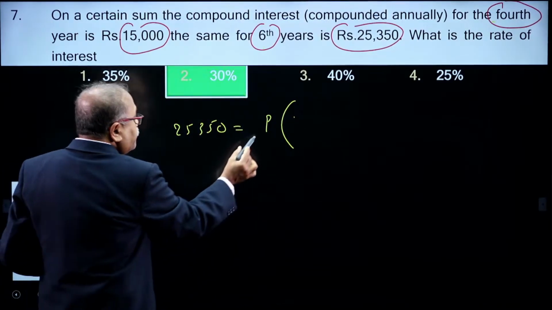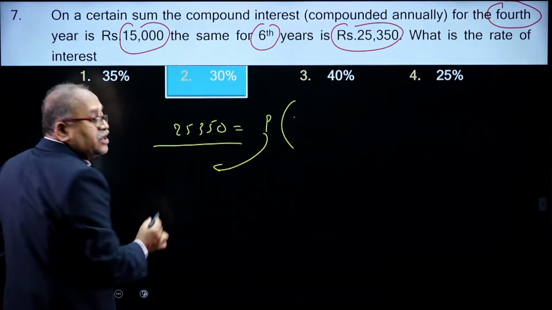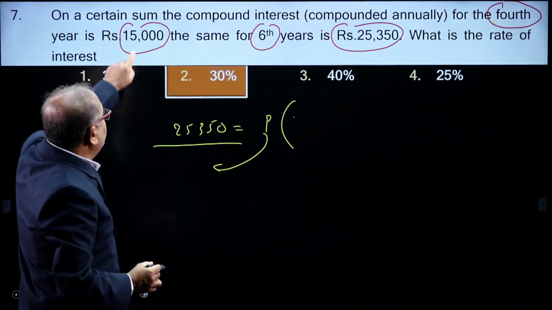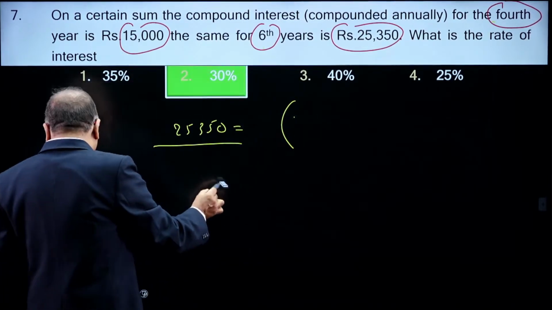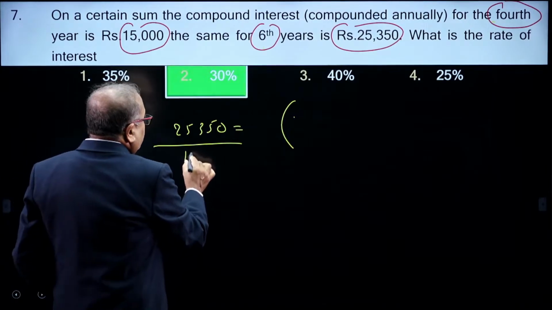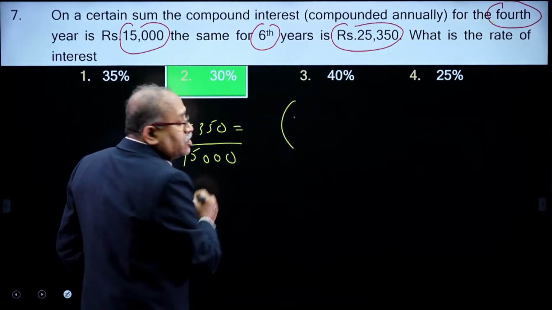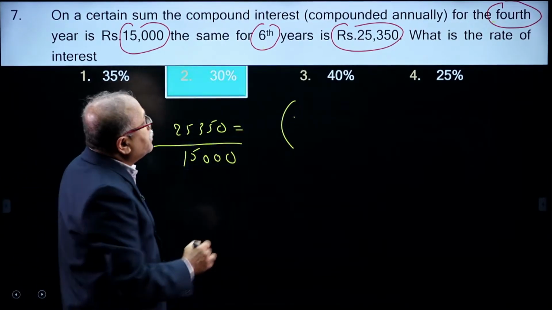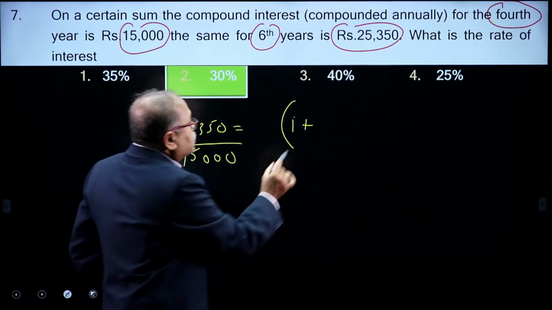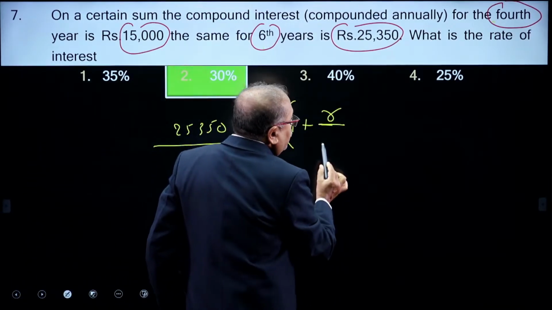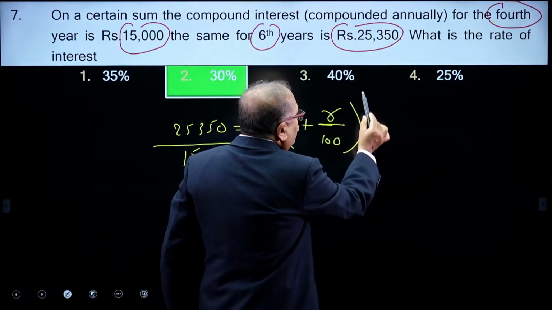I can bring the P over here. What is P in this particular case? The P is 15,000. So, let us take this 15,000 over here directly. Do not write too many steps. 15,000, which is equal to 1 plus R by 100, and what is R over here? That is what I need to find out, R by 100 to the whole power 2.